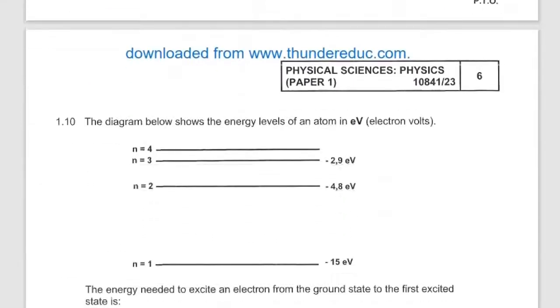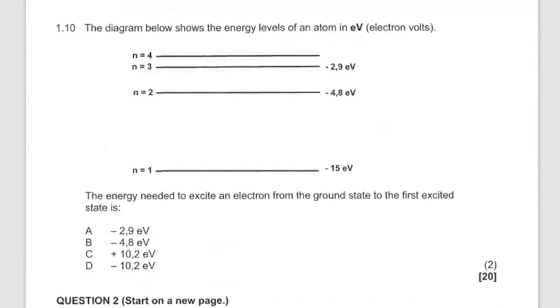Then 1.10, the diagram below shows the energy levels of an atom. The energy needed to excite an electron in the ground state to the first level.